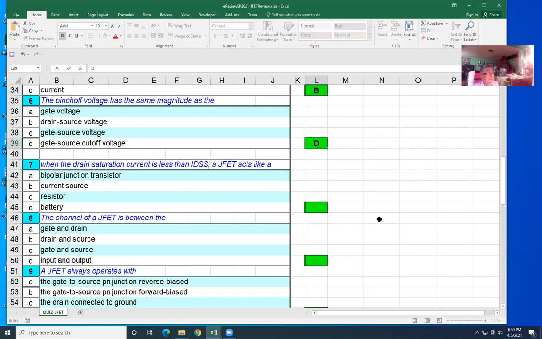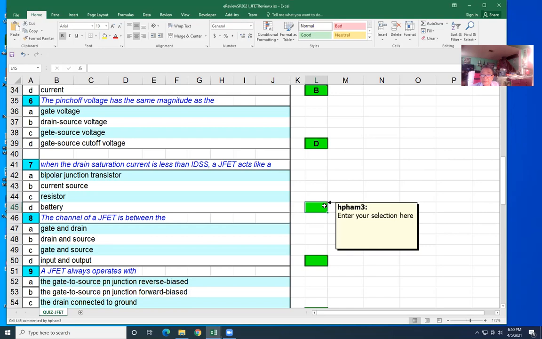Answer D. Very good. Number 7, when the drain saturation current is less than IDSS, a JFET acts like a resistor. C. It looks like the graph display: the first area is the ohmic region, then the constant current region, and the last one is breakdown.